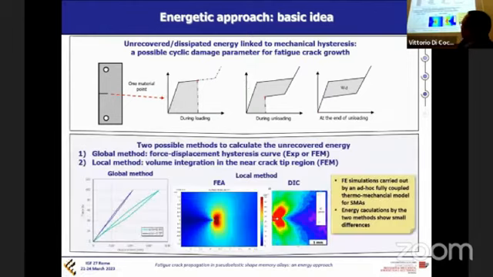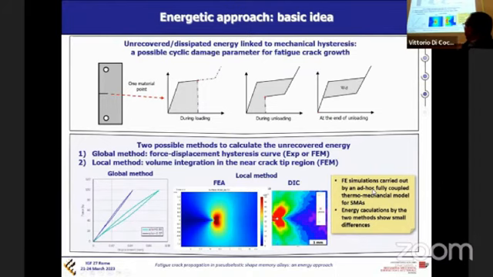And this parameter can be calculated by basically two methods. A so-called global method, that is from the force displacement curve obtained from the testing machine or by numerical simulation. Or the other method is a local approach, that is a volume integration in the near crack tip region as obtained from FEM simulation.